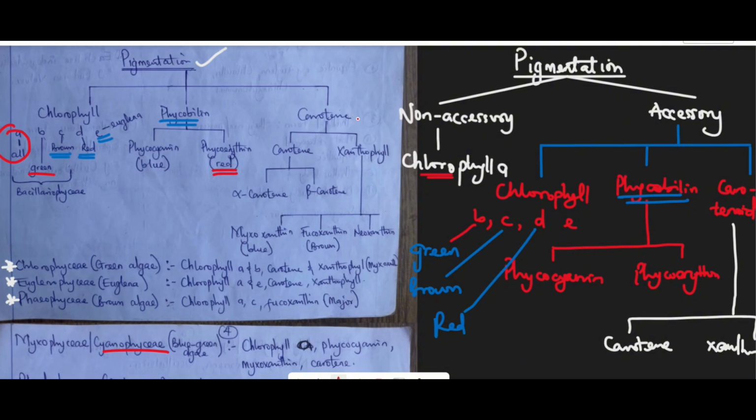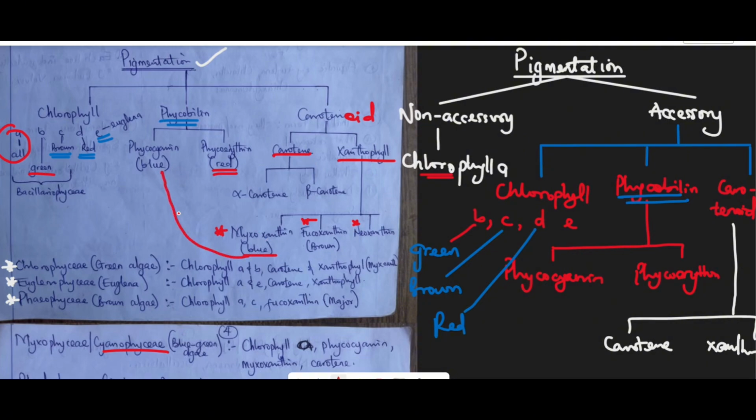So we have the next, which is carotenoid. Carotenoid is divided into carotene and xanthophyll. Now, the xanthophyll is divided into three. We have the myxoxanthin, we have the fucoxanthin, and we have the neoxanthin. The myxoxanthin are blue, which means that because they are blue, they will work in line with this.